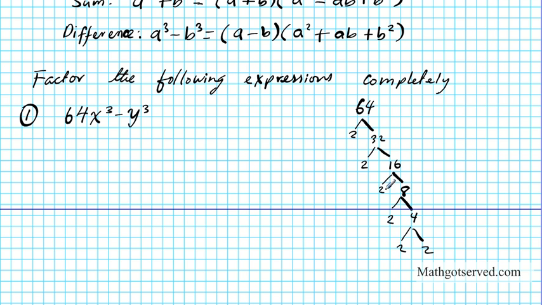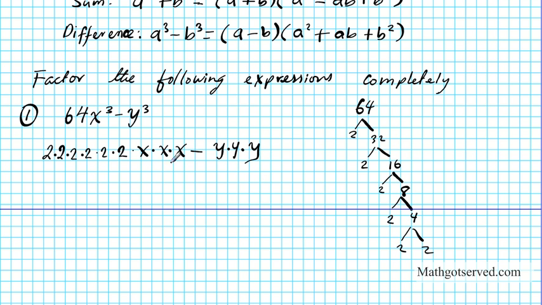So we have 3 pairs of 2, and then 3 x's, x, x, x, and then y, y, y. I decomposed both parts completely just to inspect for common factors, and we can clearly see there were no common factors, as we assumed earlier.